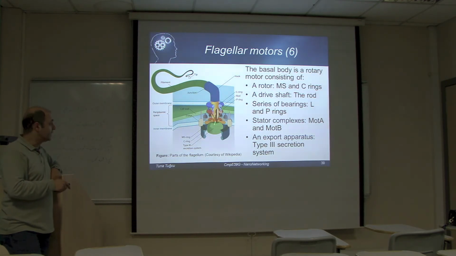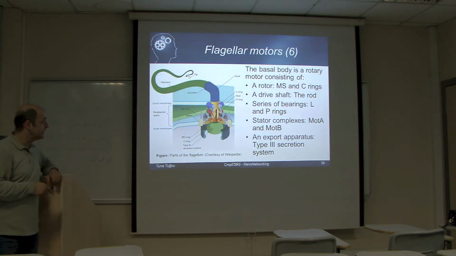So ions moving in and out will actually make this rod turn clockwise or counterclockwise. This will make the hook turn the filament clockwise or counterclockwise. Okay, that's how it works.